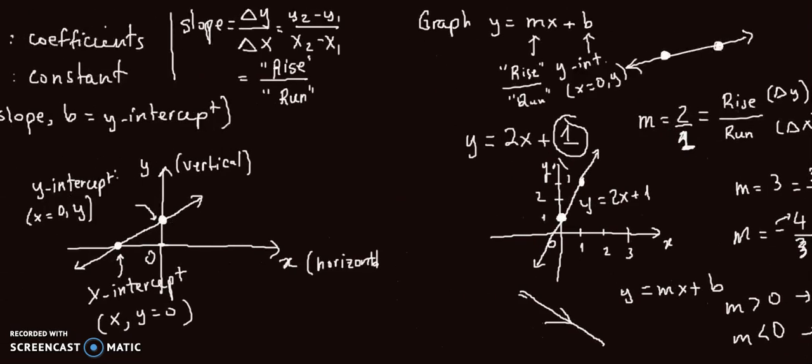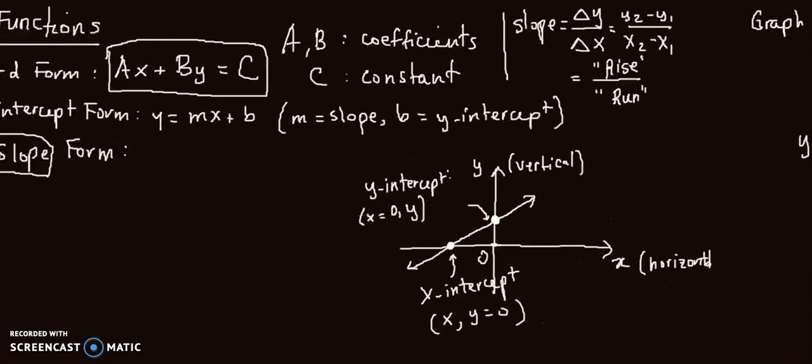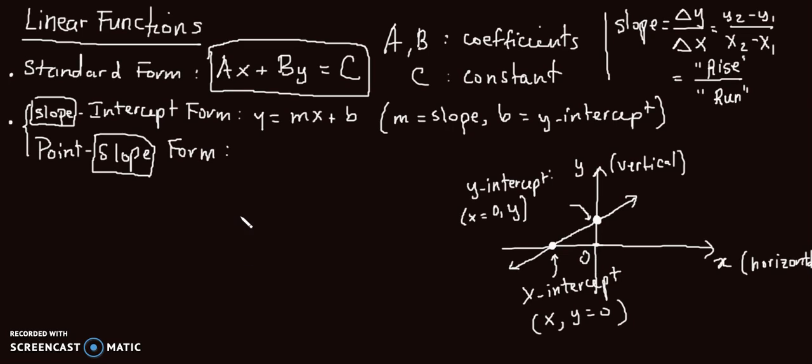All right, so let's go back to the second type of linear function, which is the point-slope form. For the slope-intercept form, you're given the slope and then you're given a y-intercept.